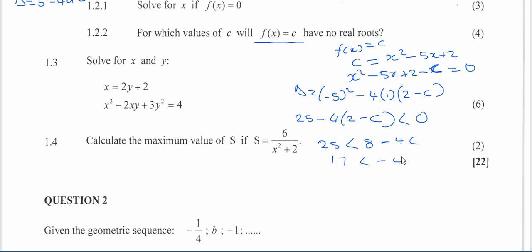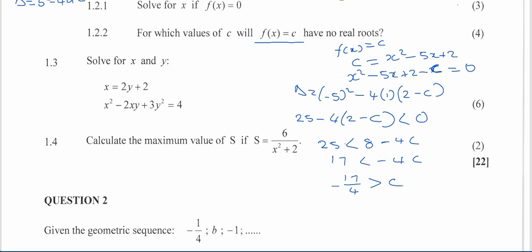Minus 4c. So we're going to divide both sides by negative 4. We're going to have 17 over 4. This is going to change. Remember, we have negative here, so that's why it flips the inequality.